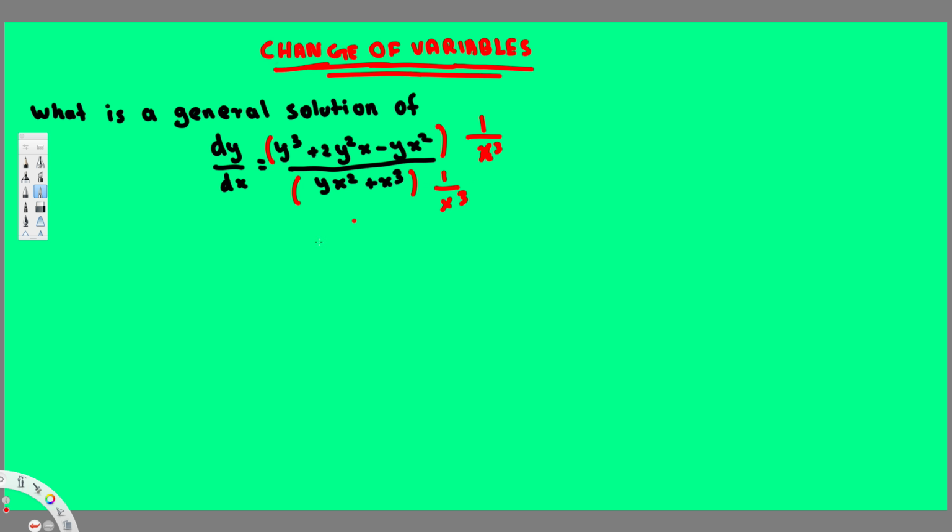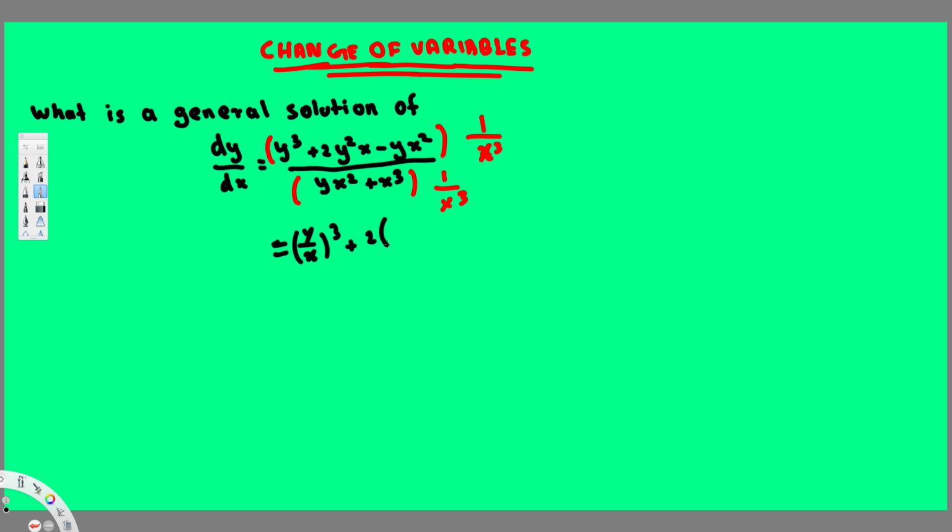After we multiply, we have to write everything in terms of the y over x pattern, and if you notice, the first one is y cube, and if you divide by x cube, that's going to be y cube over x cube. We can write this as y over x whole cube, right? And the second term is going to be 2y square x divided by x cube.